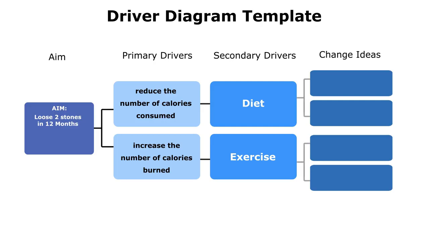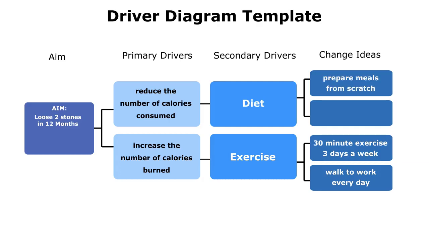Change ideas might be that we exercise 3 days a week, or walk to work every day, or get more hours sleep. These change ideas would somehow help achieve your secondary driver. Your change factor for diet might be prepare meals from scratch or drink 2 litres of water each day.